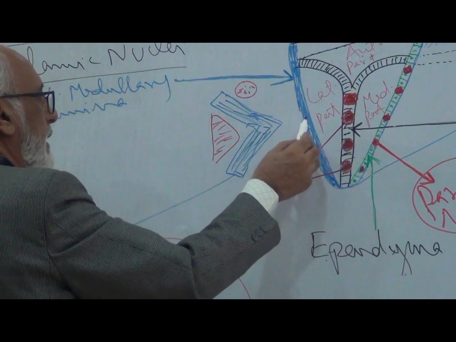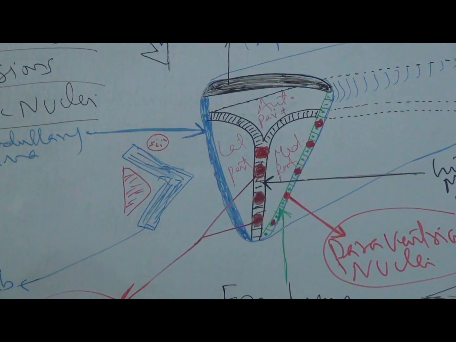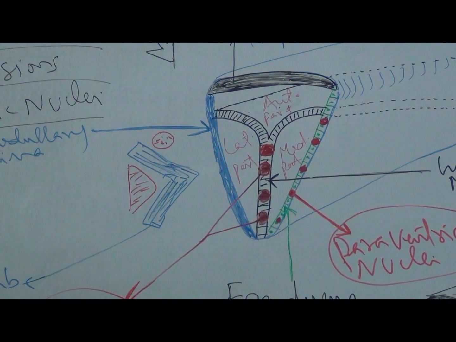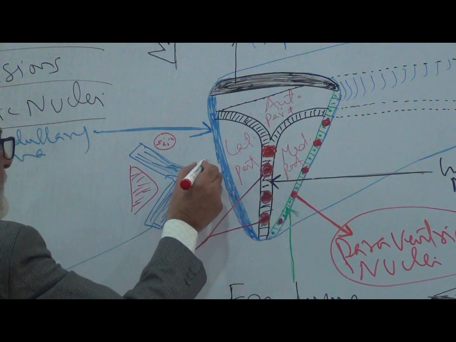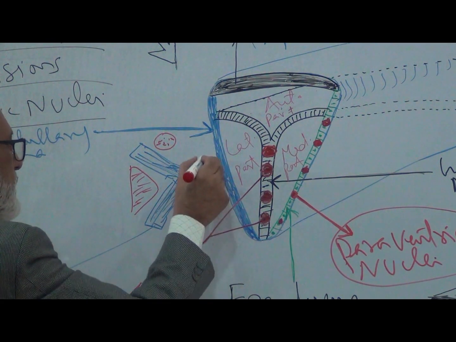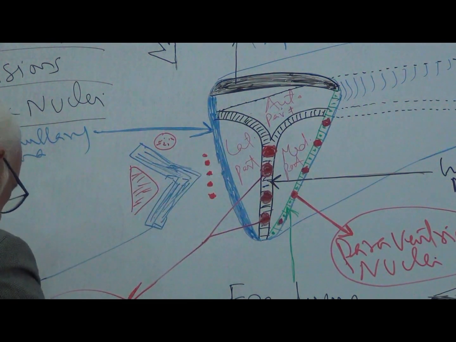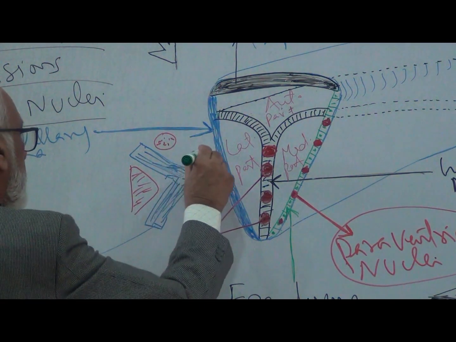So the external medullary lamina, which covers the lateral surface of the thalamus, is related to the posterior limb. Now here between the external medullary lamina and the posterior limb of the internal capsule, again there is a group of nuclei. These nuclei are known as the reticular nuclei.